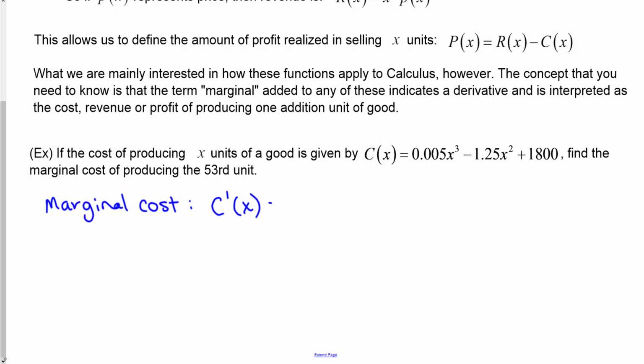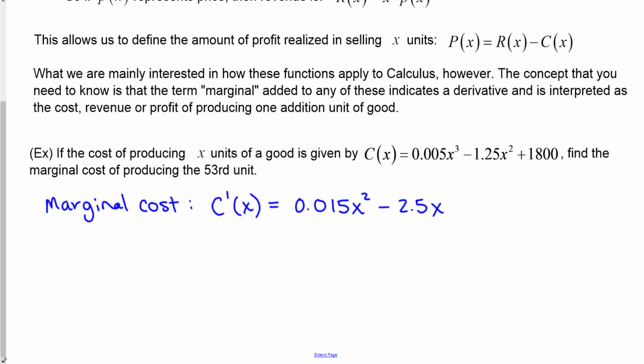Okay, so power rule. So 3 times 0.005 would be 0.015, and then it's x to the second power since we reduced that power by 1. 1.25 times 2, this would become minus 2.5x.